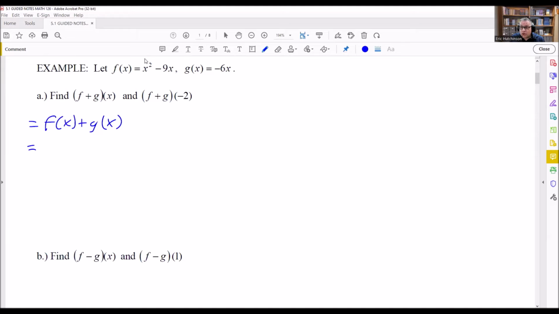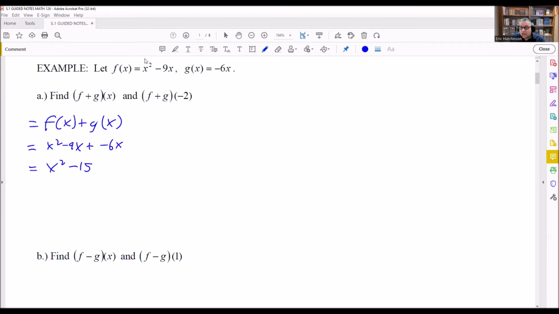f of x, I'm going to replace with x squared minus 9x. I have a plus, and I'm adding the g of x function here, which is negative 6x. If I combine this together, we get x squared, and we have a minus 9x and plus a minus 6x.